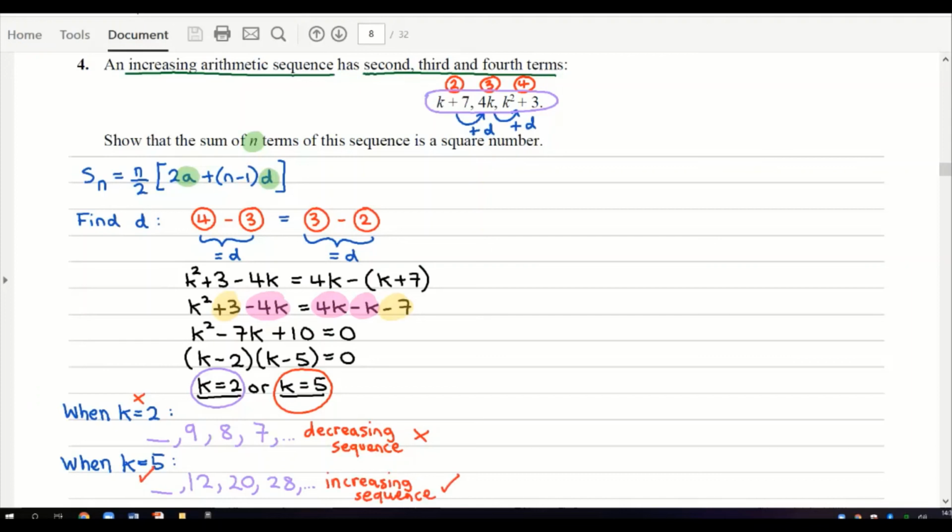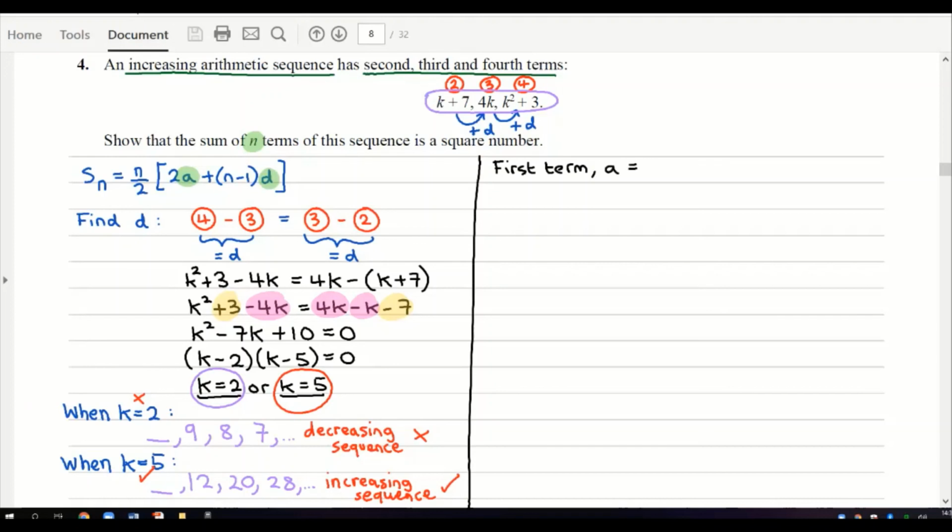All right. Let's just partition the board. Now then, what do we have to do with this? Well, we have to show that the sum of n terms of this sequence is a square number, but we need to write out the sequence properly. So we need the first term, which is, of course, a.